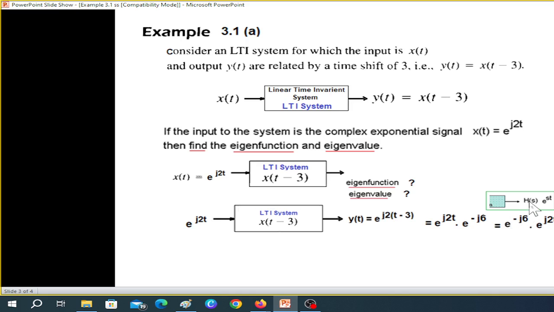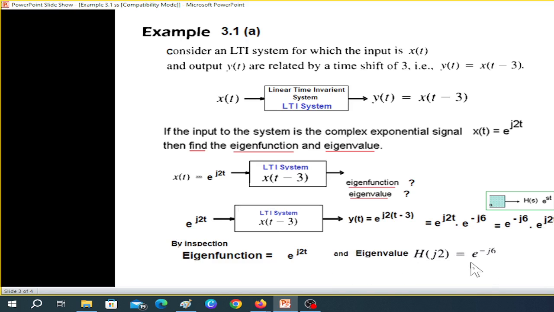So if you compare now, this will be our eigenvalue and this will be our eigenfunction. So by inspection, the eigenfunction is e^(j2t).